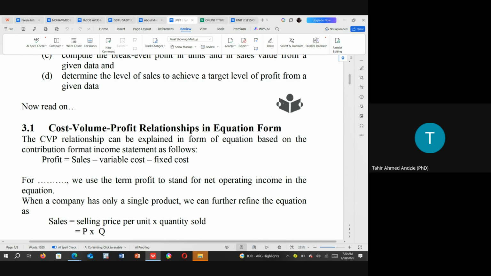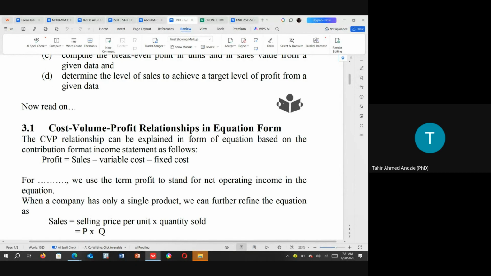We know that we have done marginal costing, and when we use the contribution approach, the income statement is prepared by deducting total variable costs from the sales revenue to get contribution, and then we less fixed costs from the contribution to get profit.